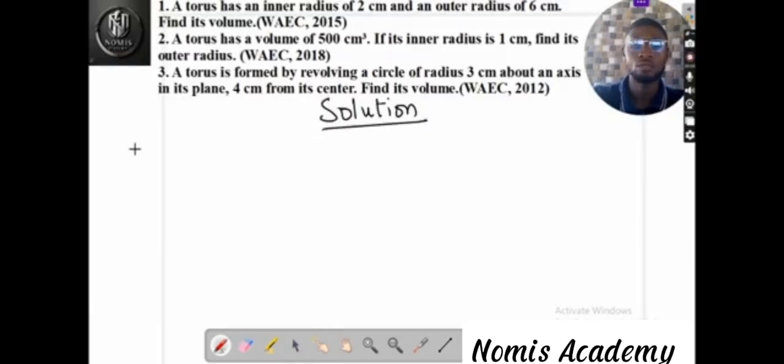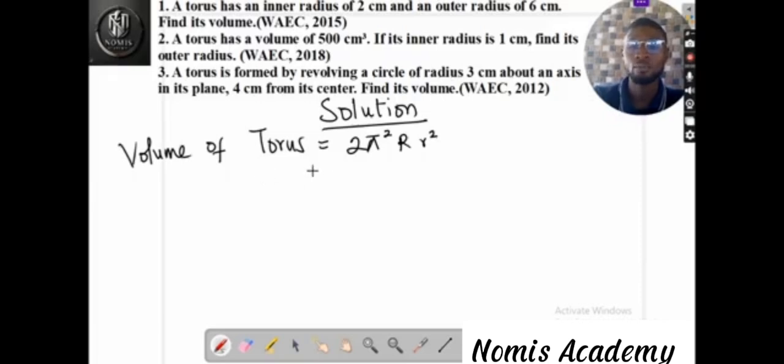So we have volume of the torus, 2 pi squared, capital letter R and small letter r squared.